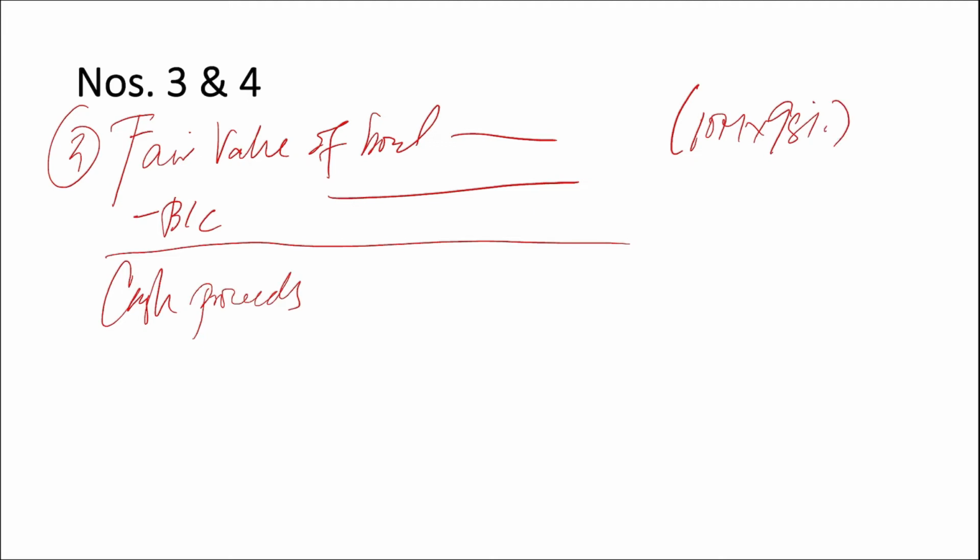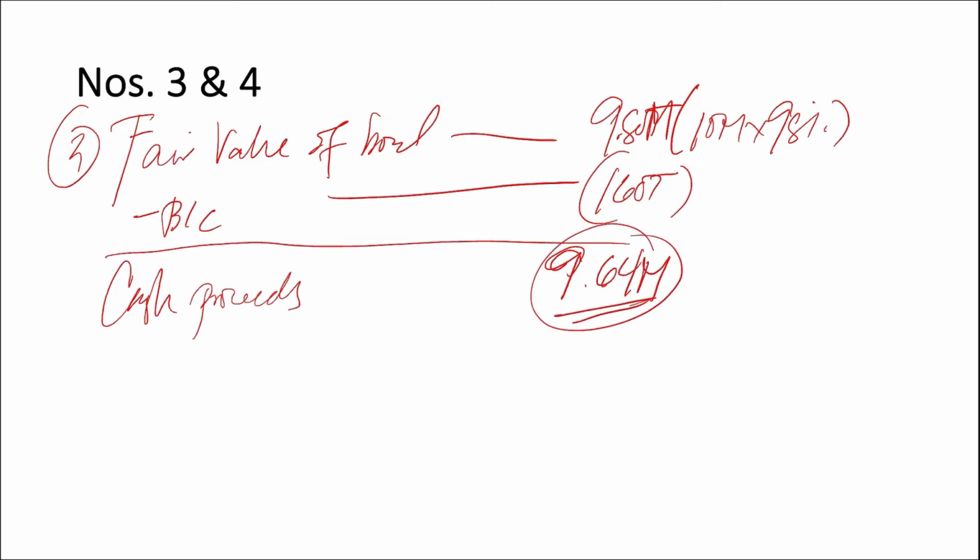It's easy when there's a quoted price. That's 9.8 million minus 160,000 bond issue cost, which is 9.64 million. That will be your answer for number 3.